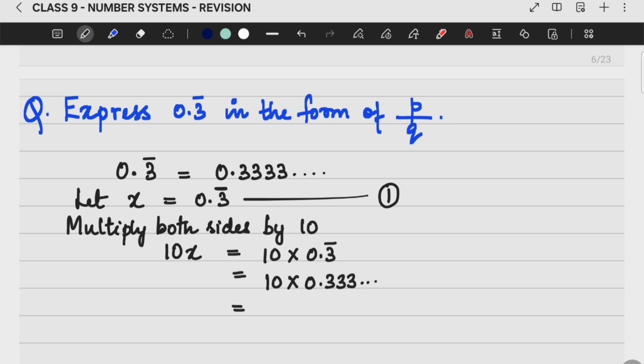Whenever you are multiplying it, you have to shift one digit before the decimal. So it will be 3.333 and so on. I can write it as 3.3 bar. This is nothing but 10x. I will mark it as equation 2.